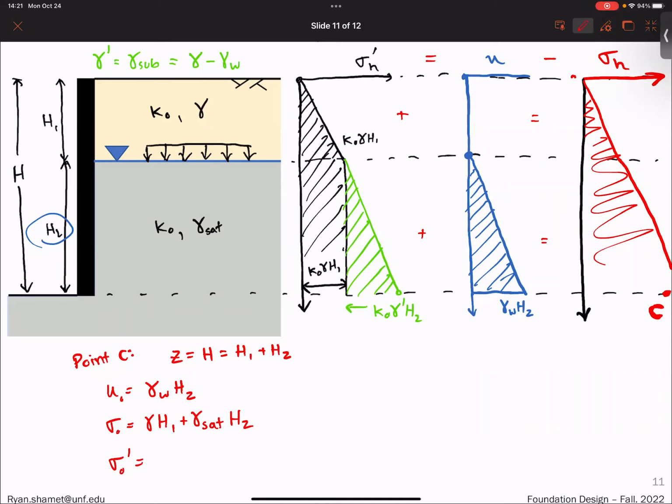The effective would be the same plus the submerged unit weight times H2. So when we are finding our sigma effective horizontal, then we would multiply this by K naught.